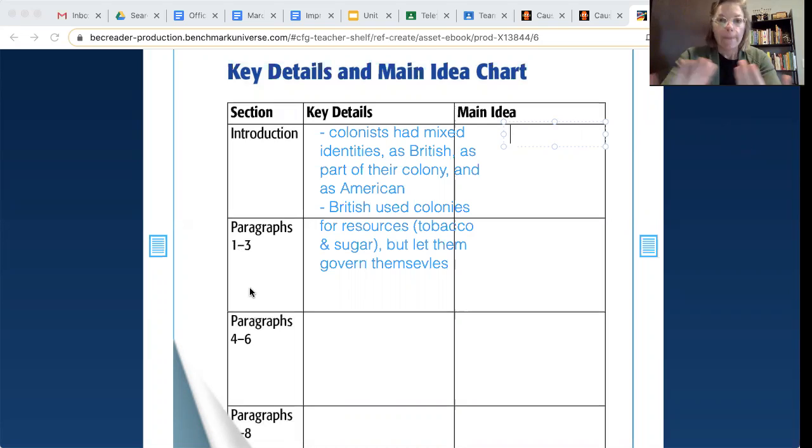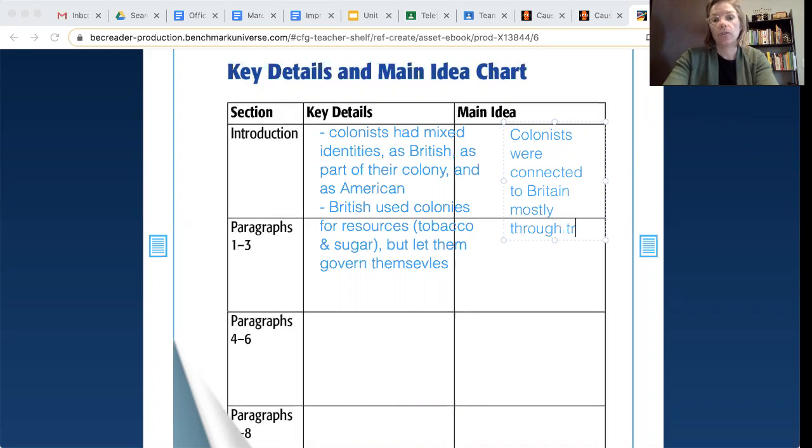Okay, main idea. Let's say colonists were connected to Britain mostly through trade, buying and selling stuff. Okay, that could be a main idea.